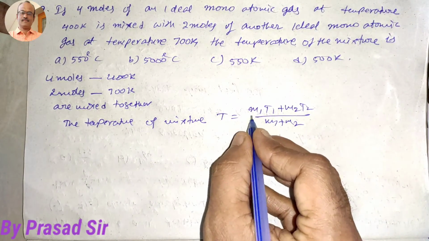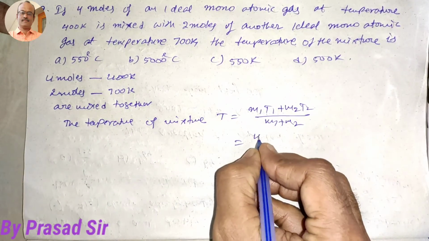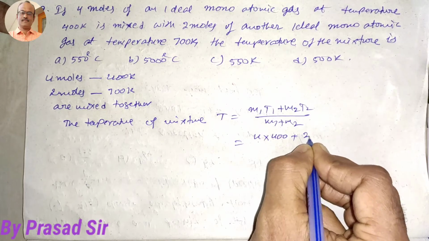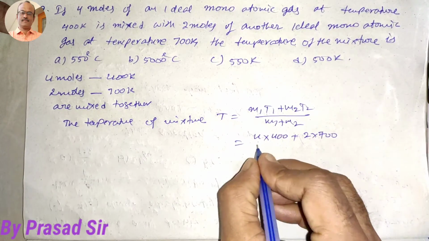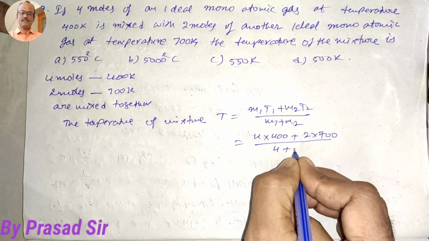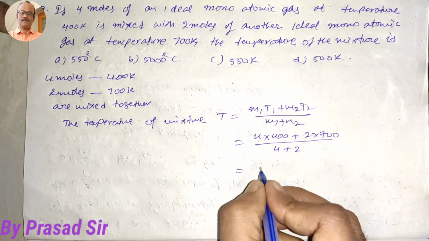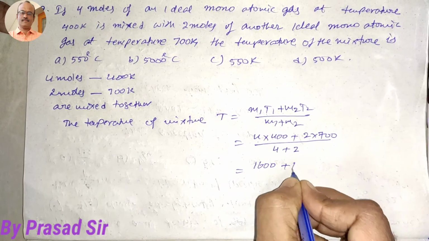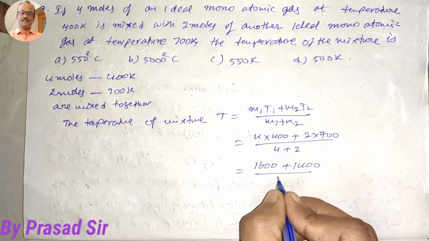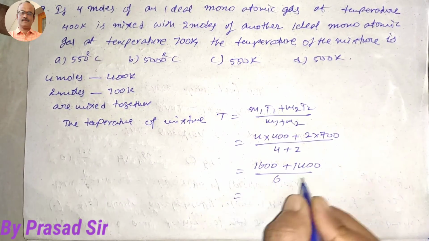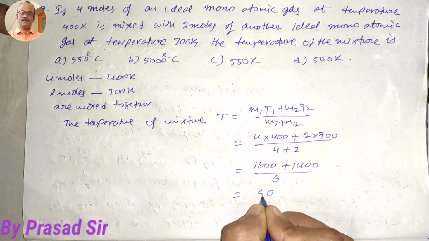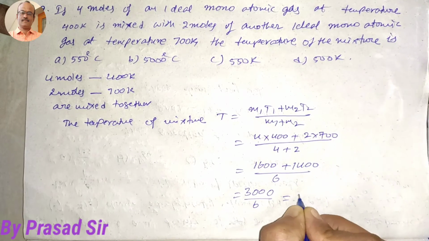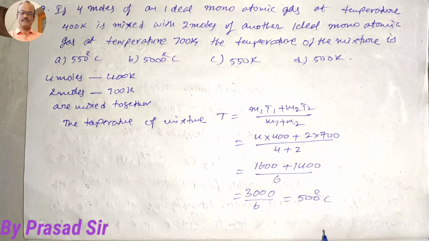Here the number of moles is given, so we use the number of moles. 4 into 400 plus 2 into 700 divided by 4 plus 2. 4 into 400 is nothing but 1600, 2 into 700 is 1400, and 4 plus 2 is 6. So the addition of this is 3000, divided by 6 is equal to 500.